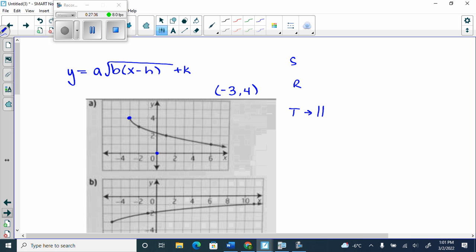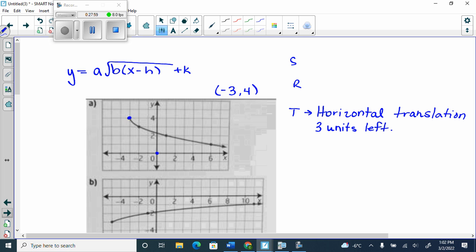I have a horizontal translation. It was at 0, 0. It's now at -3, 4. I have a horizontal translation, 3 units what? Left. Because I was at 0, 0, I'm now at -3. Right?